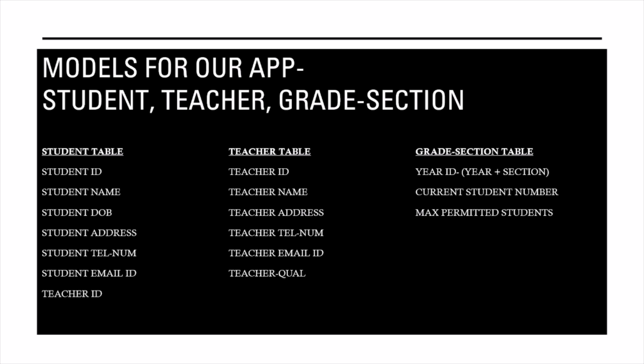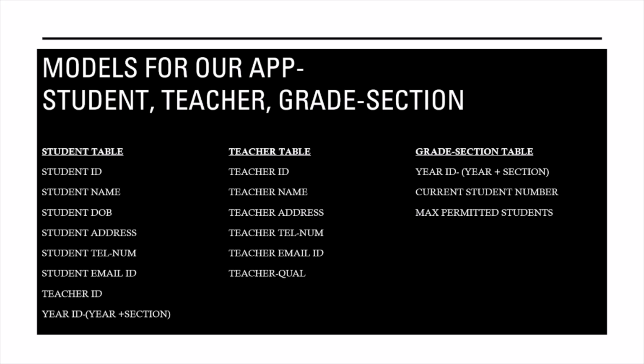Now we'll talk about the student table and the grade section table. Again, we'll ask, will a student have many years and sections, or will 1 year and section have many students? And here the answer is obvious. 1 year and section will have many students. And so again, year ID, that's year plus section, will go into the student table.